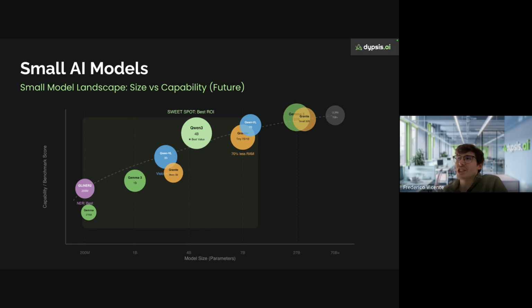However, this is changing drastically, and it is my belief that the capability of these smaller models will improve quite a bit, and we are already seeing this.